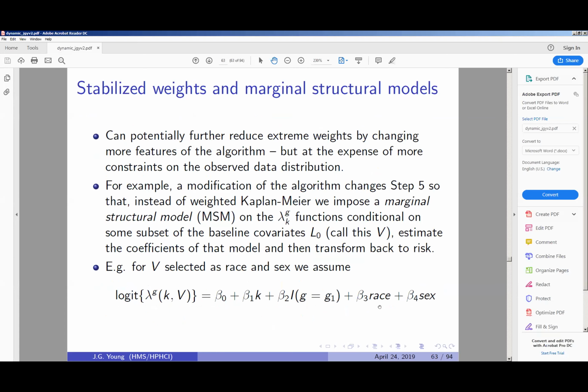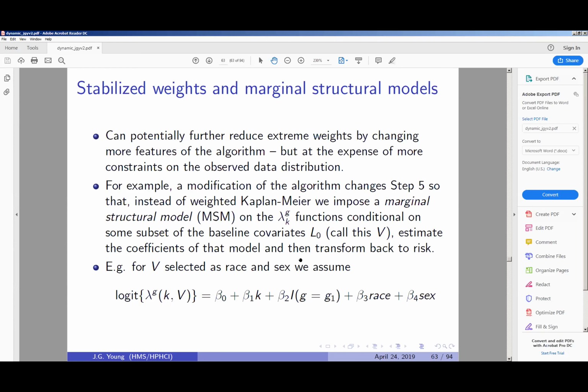So for example, a modification of the 5-step algorithm that we just described changes step 5 so that instead of a weighted Kaplan-Meier computation or product limit estimator, we impose a marginal structural model on each of those lambda kg functions, those weighted hazard functions, conditional on some subset of the baseline covariates, L0, and estimate the coefficients of that model and then transform them back to get estimated hazards and then back to risk.